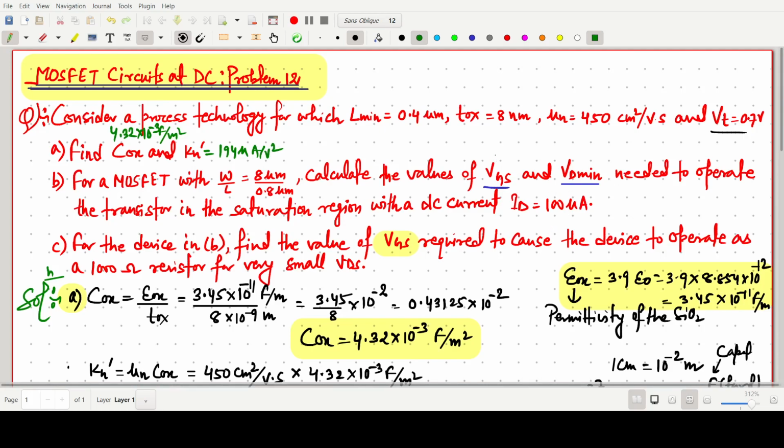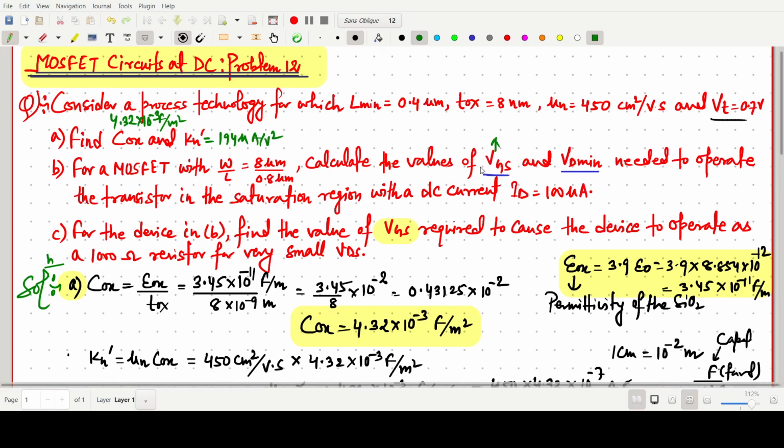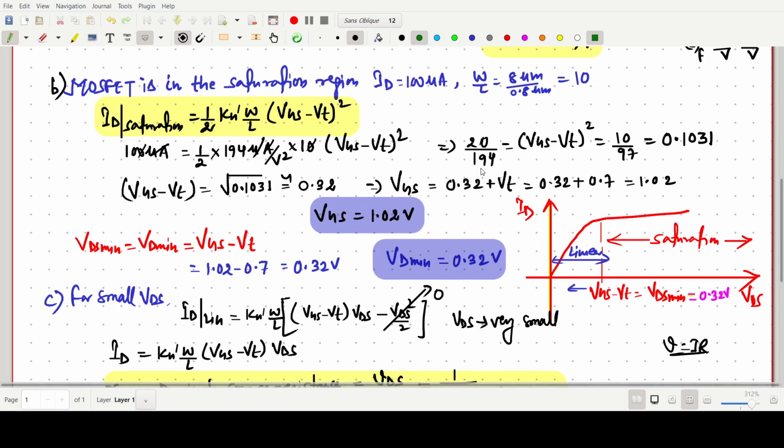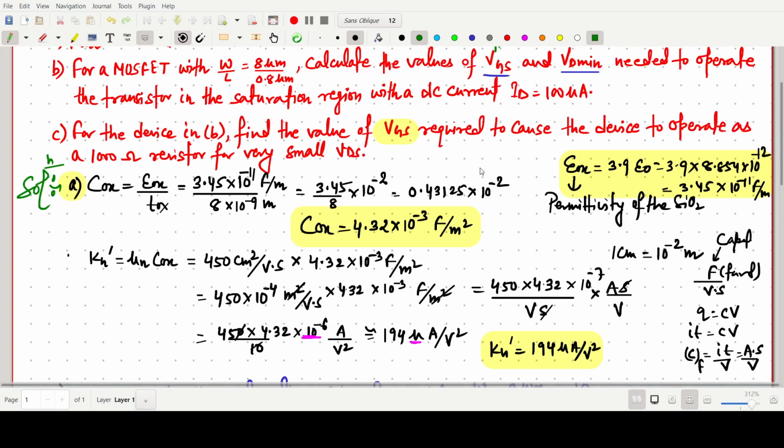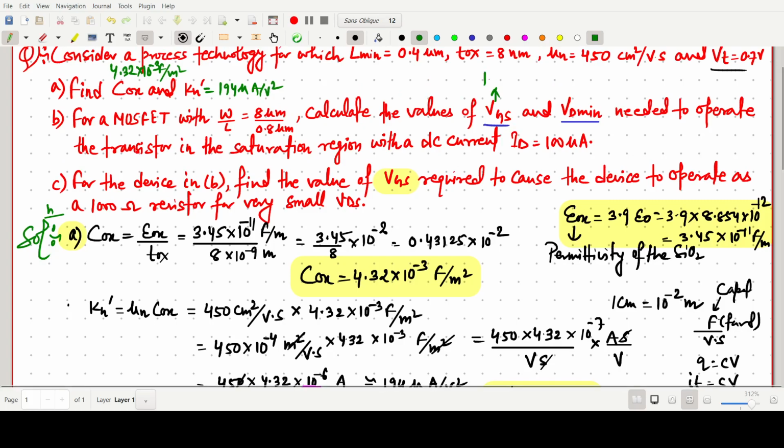In this case, the VGS value we have calculated, we can see, should be 1.02 volt, and the VD mean will be 0.32 volt. Now for this 1 kilo ohm resistance, the VGS value will be 1.22 volt that we have already calculated. So these are the things that we have already found out. So this is all about this question.